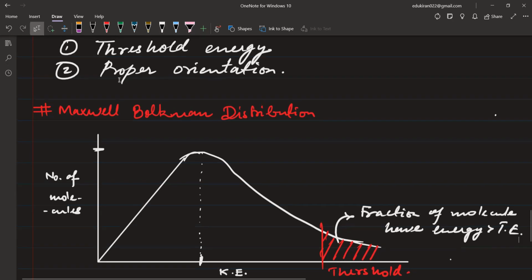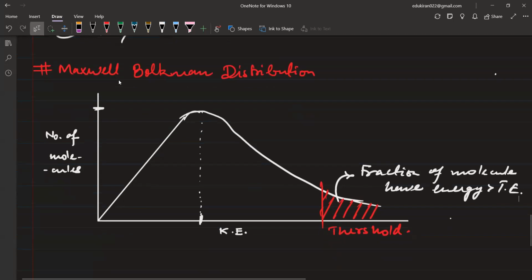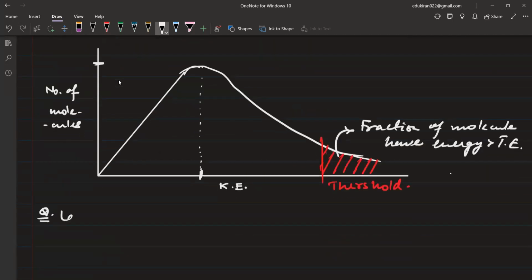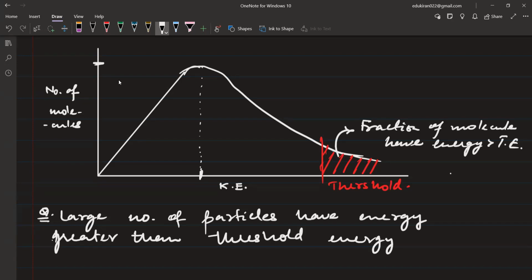Now let us see. There is a question which was asked, and it said that a large number of particles have energy greater than threshold energy, still the reaction is slow.